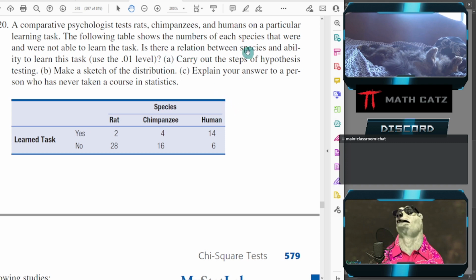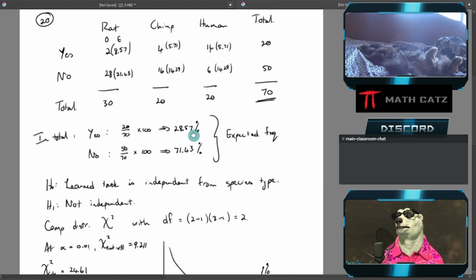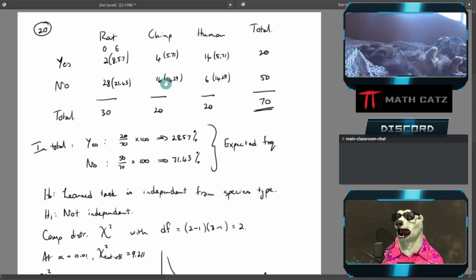Is there a relation between species and ability to learn the task? Is there some connection? Are they independent of each other? No, it doesn't seem like they're independent of each other. The species seem to matter. And you can sort of see it here as well. You see that there's very small contributions by the chimps, meaning they fit the expected breakdown very closely.